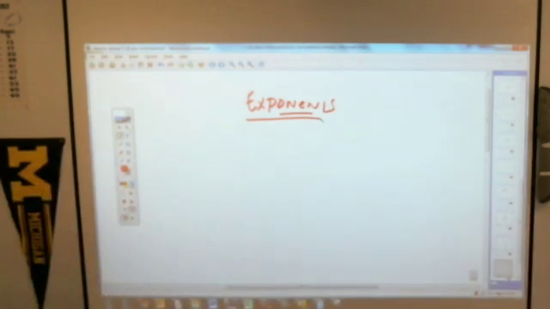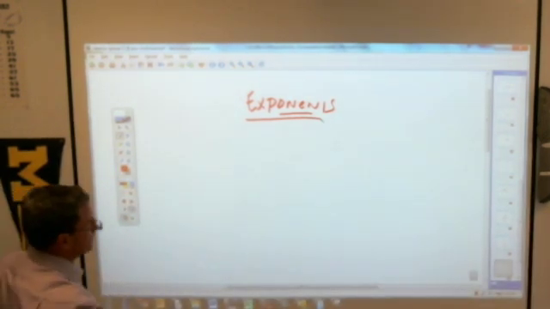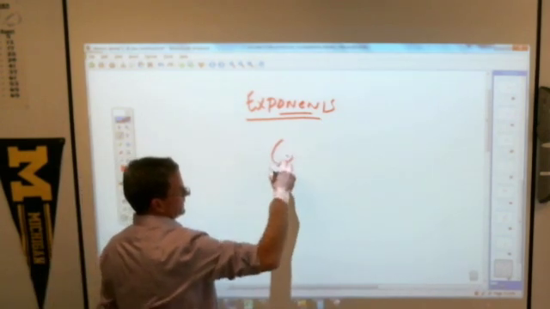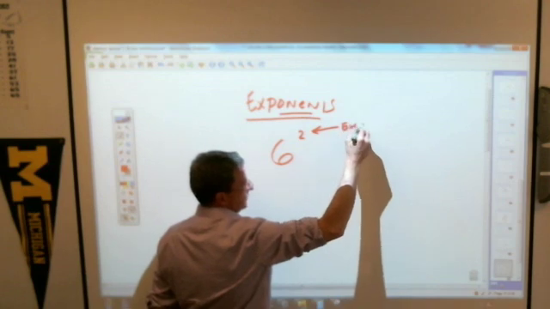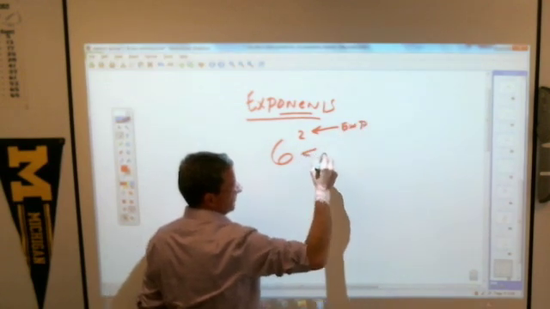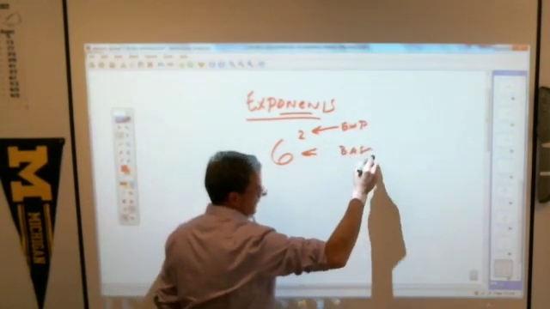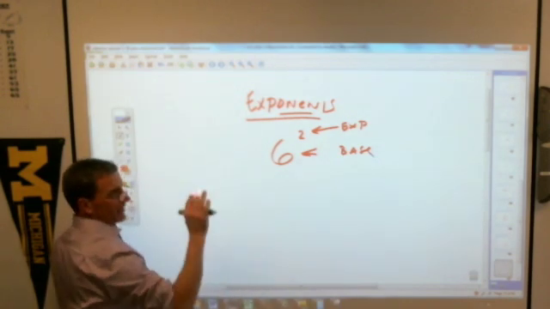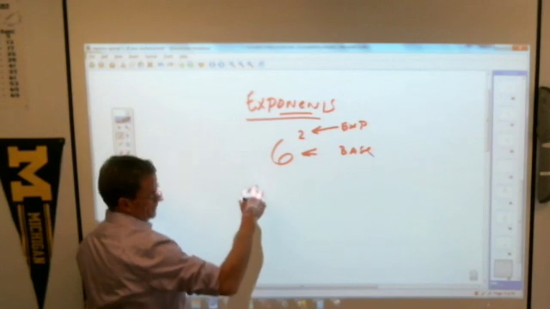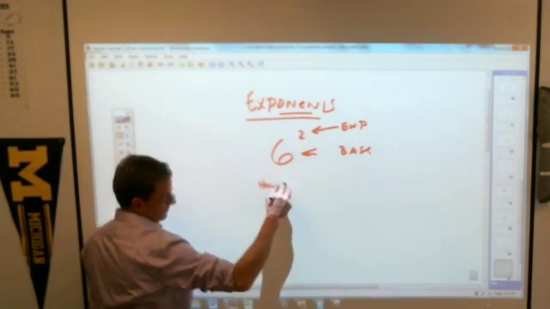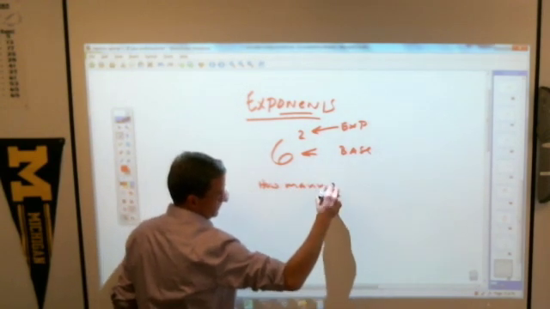As a quick little review, though, remember, let's say you've got 6 to the second power or 6 squared. That little guy there is the exponent. This little guy there is the base. And the answer to that is not 12. It's not 6 times 2.